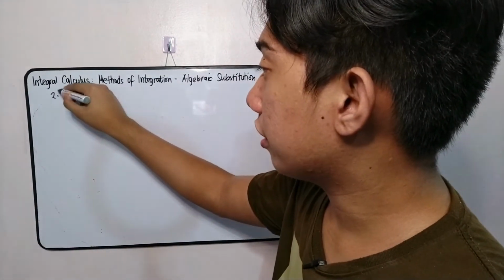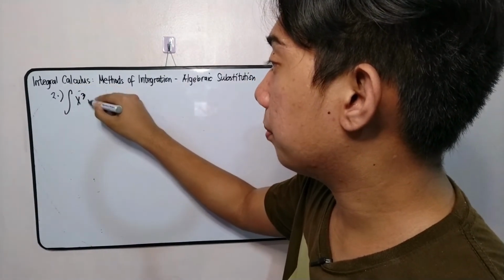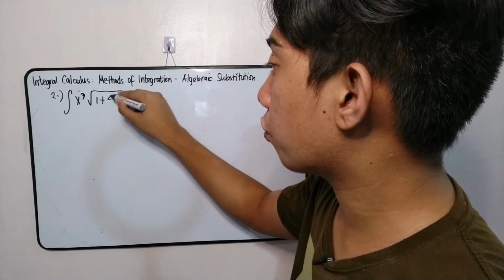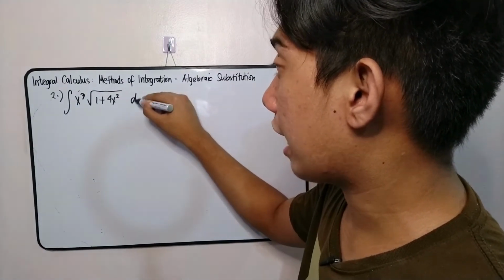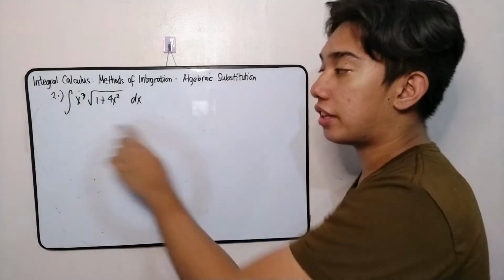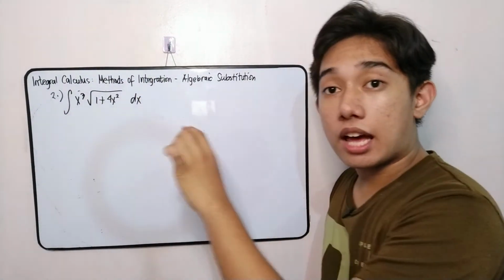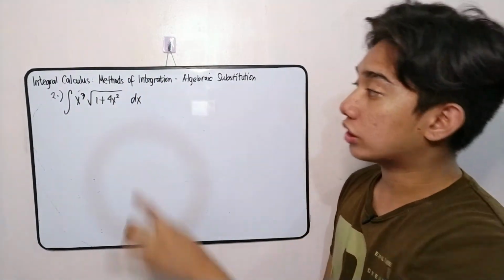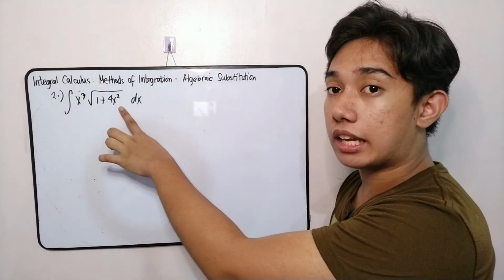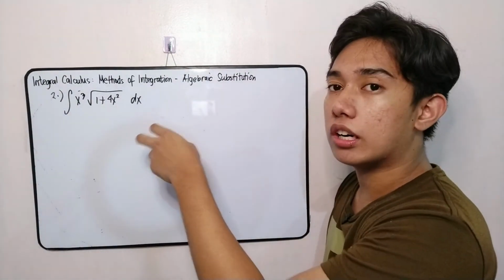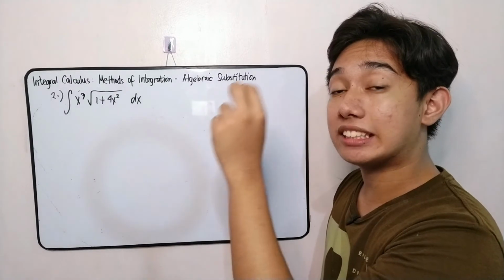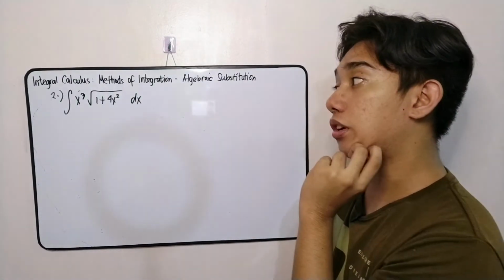Here's the second example. The integration of x cubed, the square root of 1 plus 4x squared dx. So as you observe in this case, it is the case 3 na siya. It's because it has a quadratic expression sa loob, or a polynomial expression inside the radical sign. Then merong exponent dito.